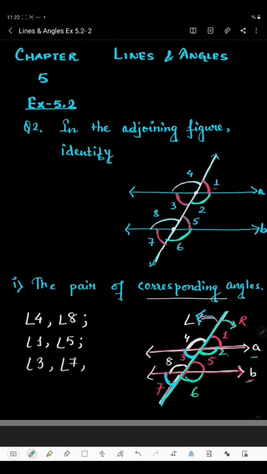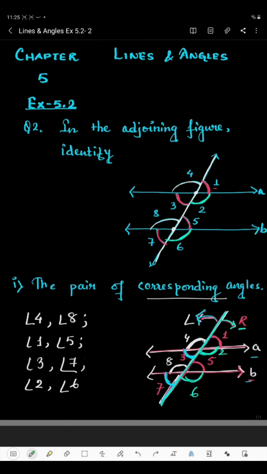So angle 2 and angle 6 will be corresponding angles, as they are in the same position, meaning the lower side of the parallel lines, and on the same side, meaning the right hand side. So it will be angle 2 and angle 6. So these 4 pairs of angles are corresponding angles.